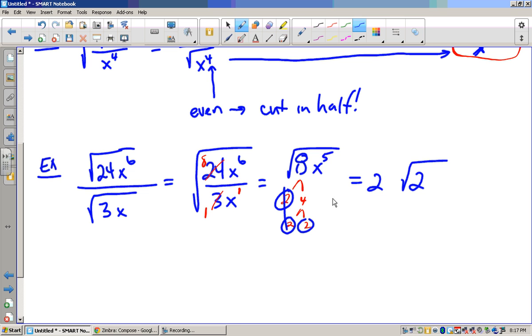Looking at my exponent, I have an odd exponent, so we leave one back. So I put an x here. That will take me down to x to the 4th. Okay, so take one back and cut in half.